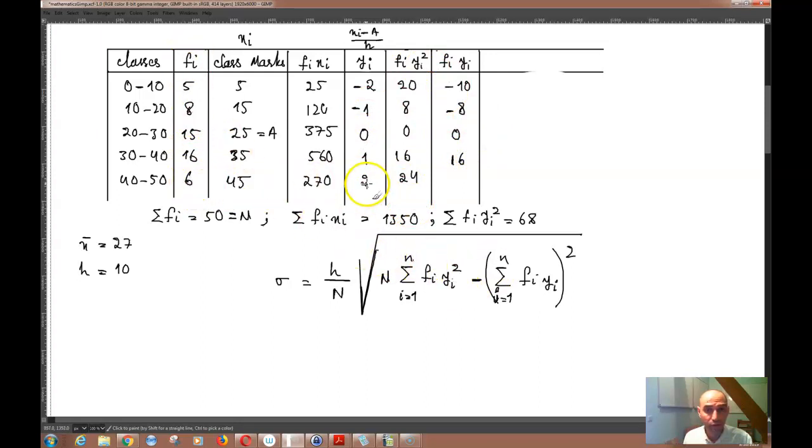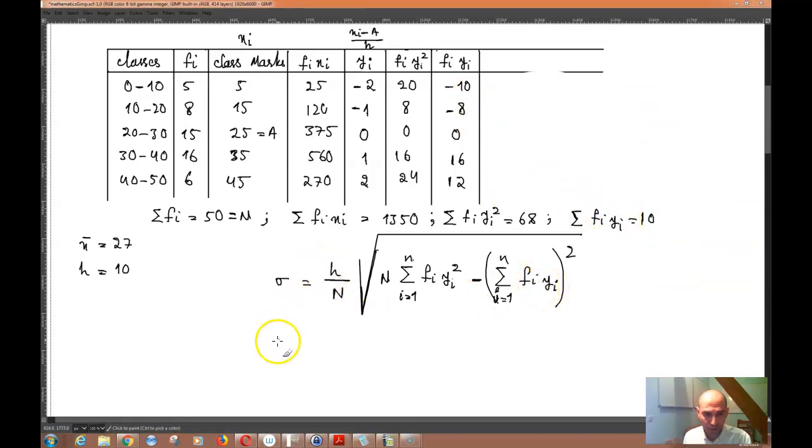And 6 times 2 is equal to 12. And sigma f(i) y(i) is equal to negative 18 plus 28, so 28 minus 18 is equal to 10. And so sigma f(i) y(i) is equal to 10.